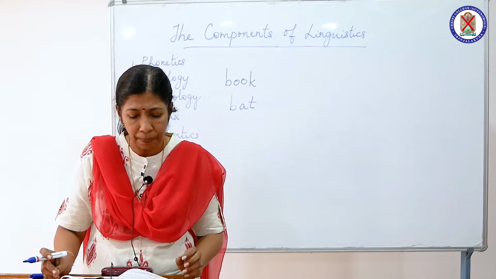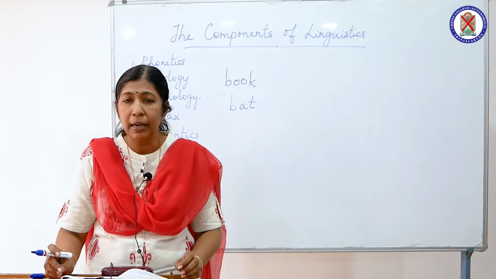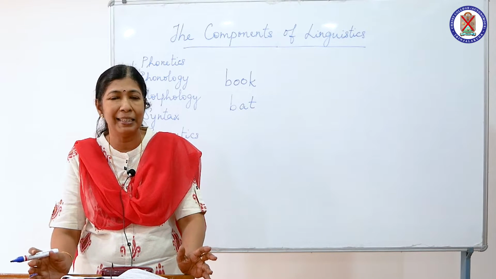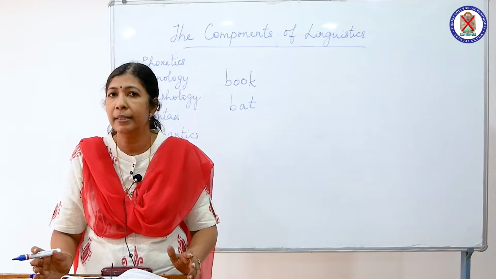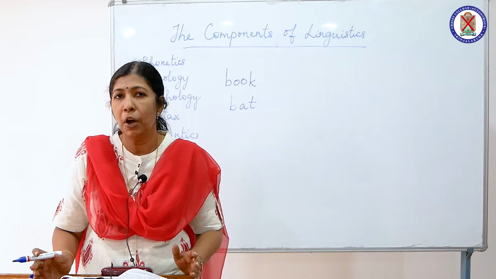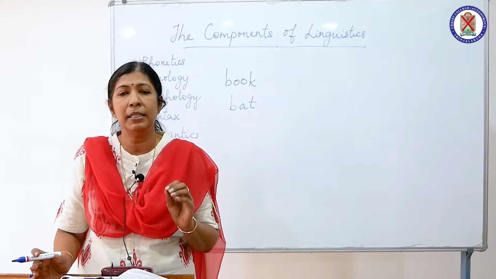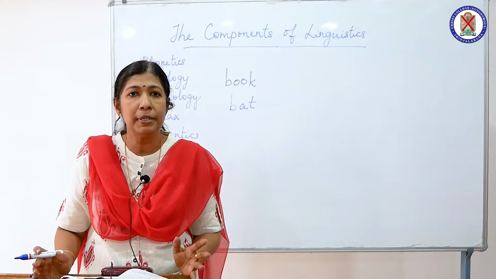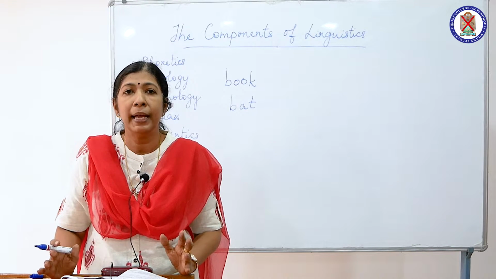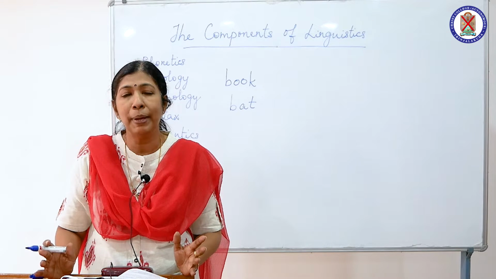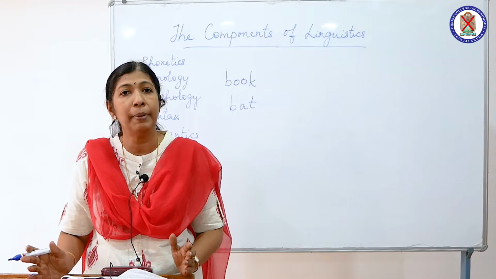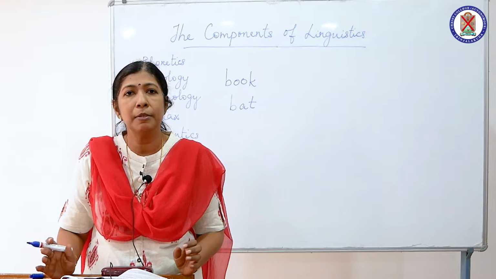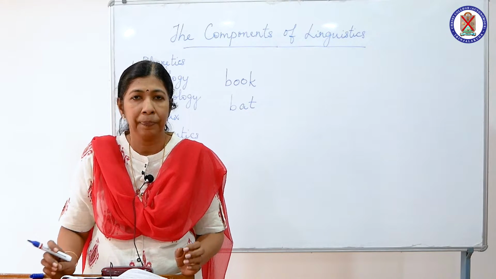Phonetics also includes the classification of speech sounds into two broad categories, vowels and consonants. We already saw how a single variety of English, RP, consists of 44 sounds, which we can divide into 24 consonant sounds and 20 vowel sounds. So phonetics deals with speech sounds.